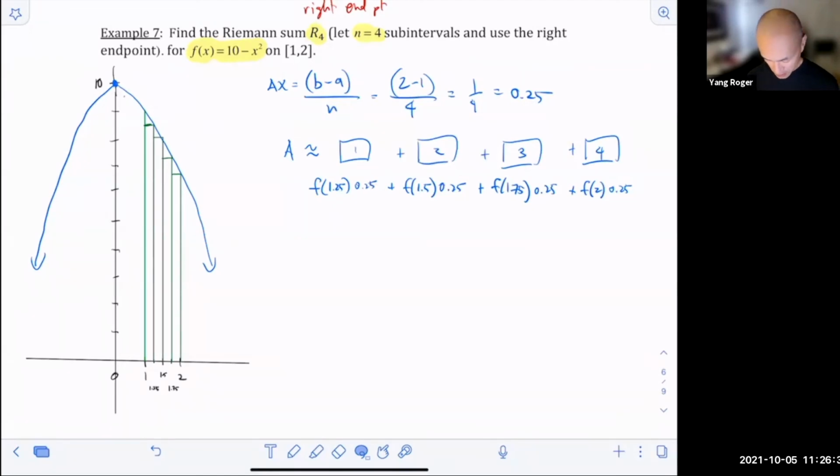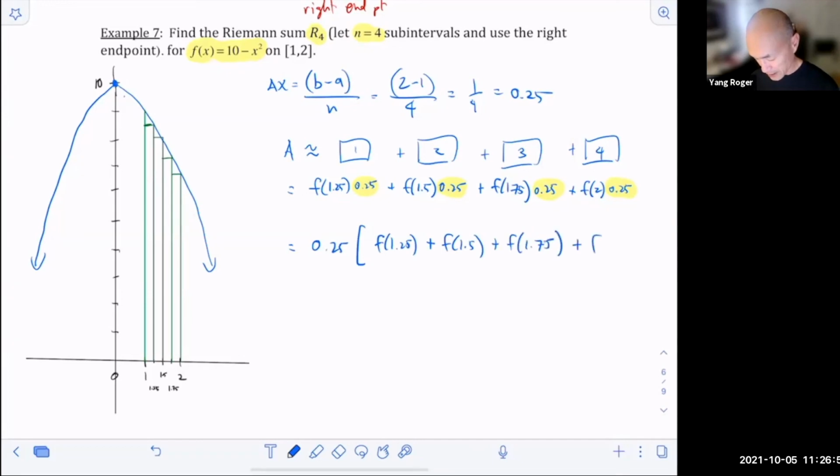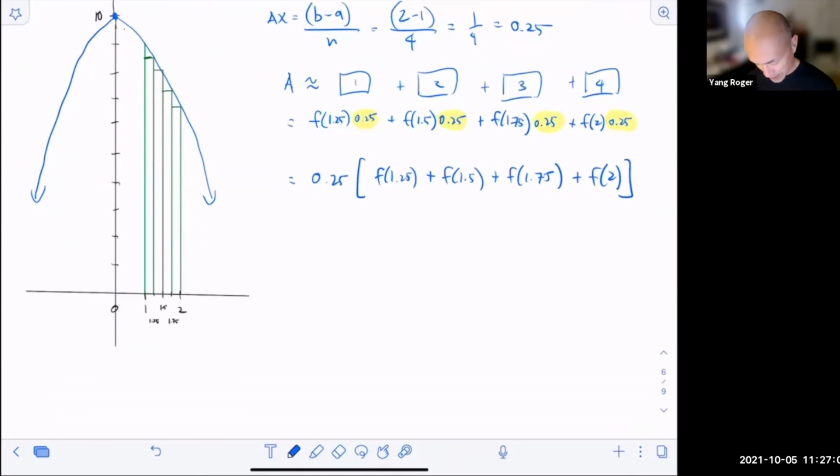So I'm going to change the way this looks. I'm going to do it slightly differently this time. You see how every single term has the 0.25. So I can factor out the 0.25. This is 0.25, and then this is just going to be f of 1.25 plus f of 1.5 plus f of 1.75 plus f of 2, like that. So now we're going to evaluate what each of those things are.